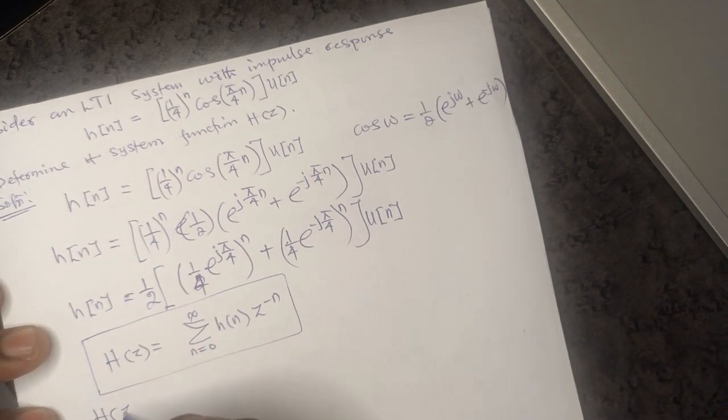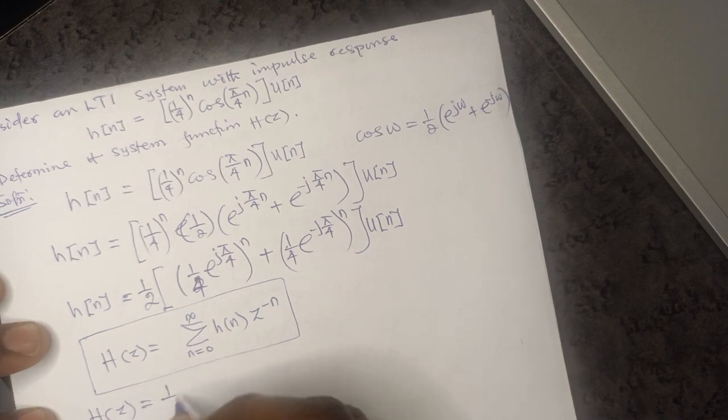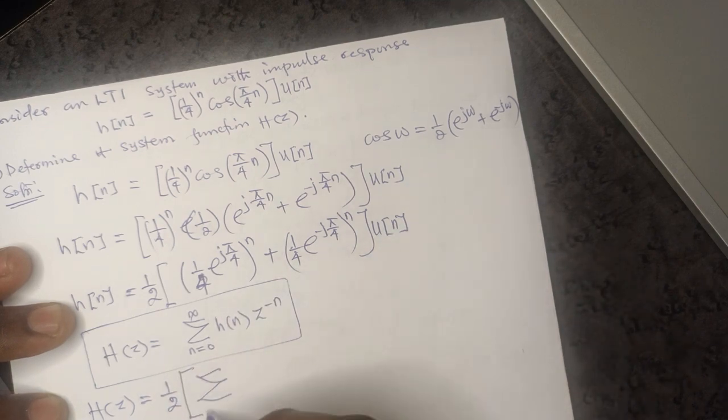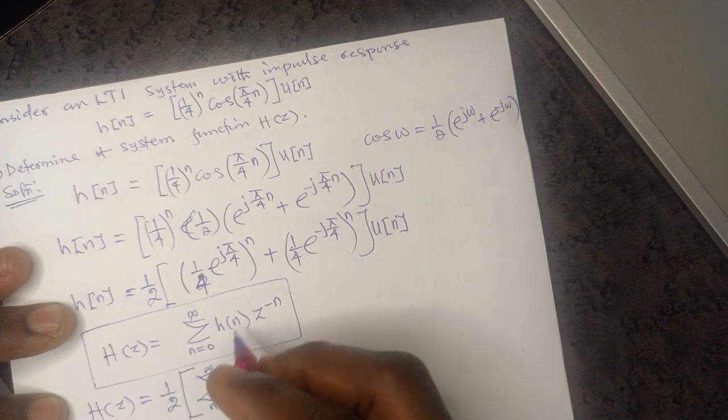So H(z) from here is going to be half. We're applying the z transform to everything here, so we put the sum from n equals 0 to infinity.